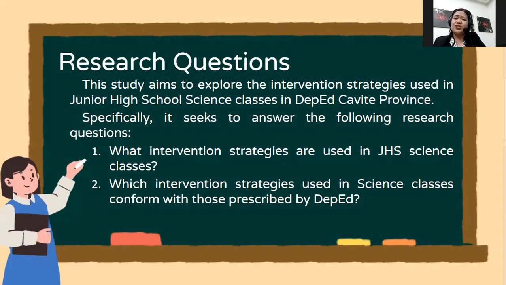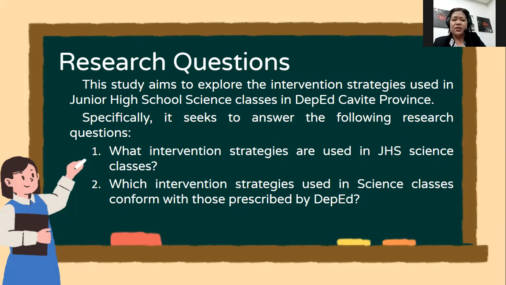For the research questions, this study aims to explore the intervention strategies used among the junior high school science classes in the DepEd Cavite Province. Specifically, it seeks to answer the following research questions. First, what intervention strategies are used in the junior high school science classes?